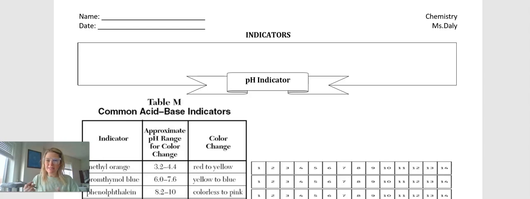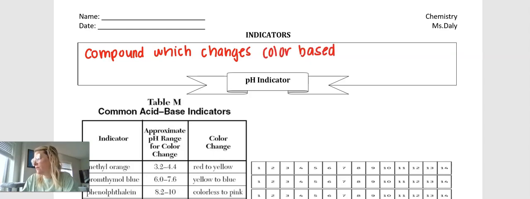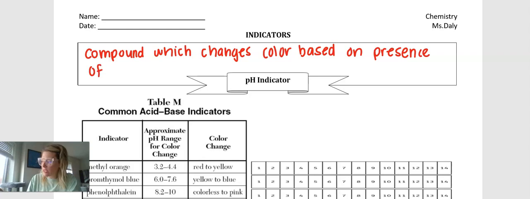An acid-base indicator is a compound which changes color based on the presence of H plus or OH minus.